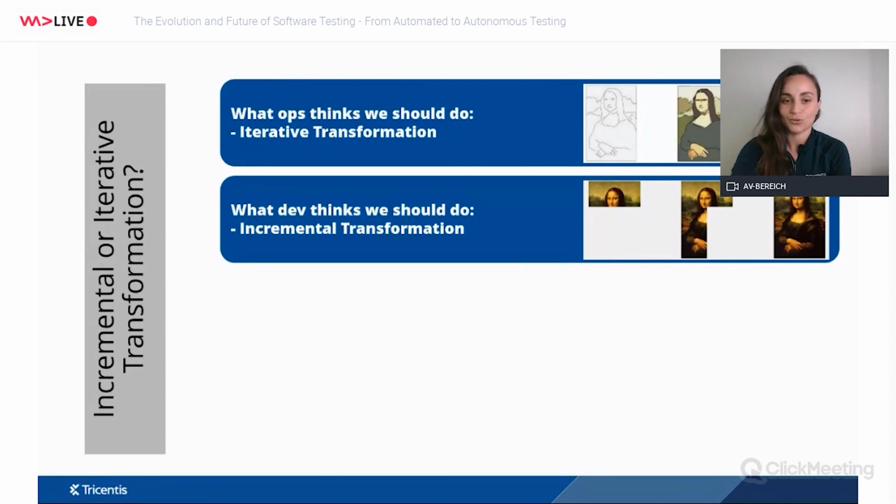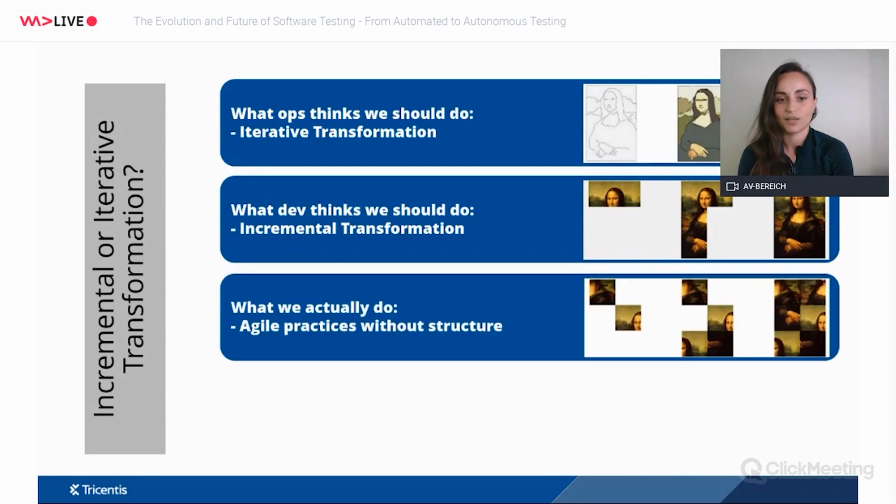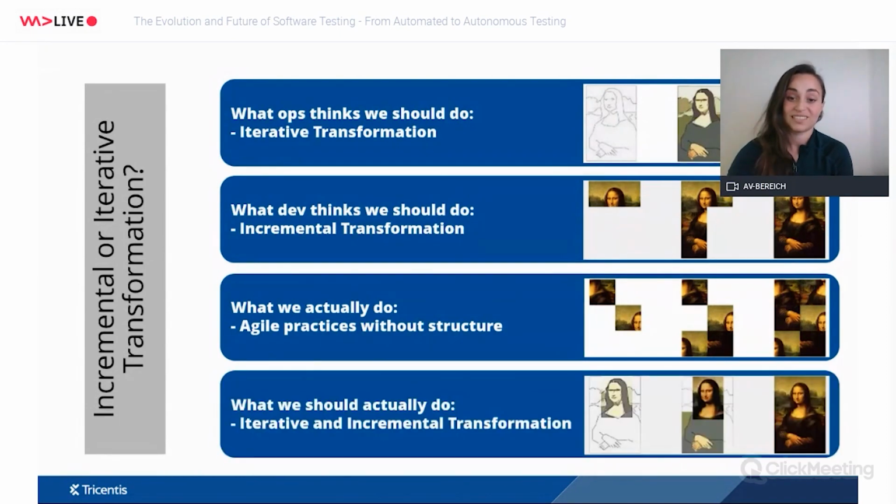What actually happens, though, if you have those two mindsets in a company, is that you end up with something like this. Developers create things, but the bits and pieces just don't find their way. So, especially in larger setups, you have to make sure you combine both the iterative and the incremental approach, and allow developers to create those iterations of new software.